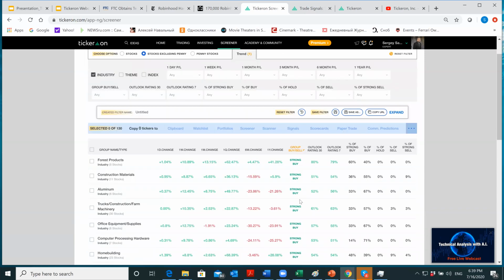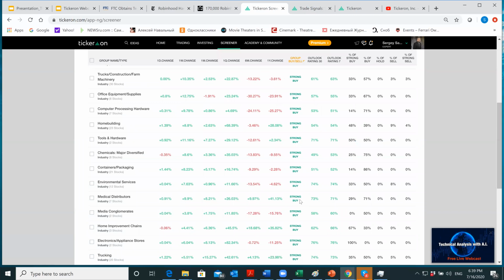Let's look for more of this type of information. Say medical distributors. Again, today plus 1 week, 1 month, and as you can see, 29% strong buys, 71% buys. Ooh, okay. Would you be able to find it somewhere else? I don't think so.